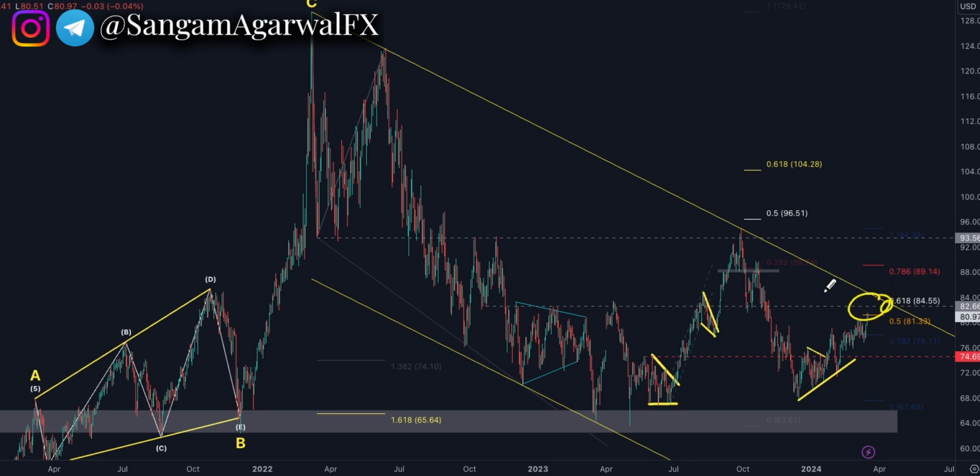So this area, 81 to 84, is a big static resistance zone. If price fails to break out of this resistance zone, then it can go back to the 64 support area. You can try selling in this area on the intraday H1 chart with small size, because in case of breakout, politicians will do something, especially the USA.